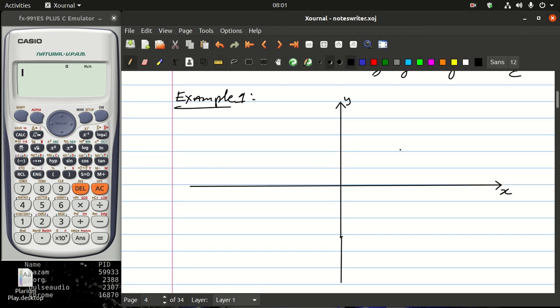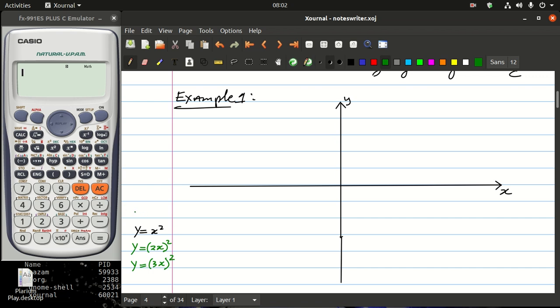I've just drawn the Cartesian plane here, and I want us to look at y is equal to x squared. Here I want you to plot y is equal to (2x) squared, and then y is equal to (3x) to the power 2.